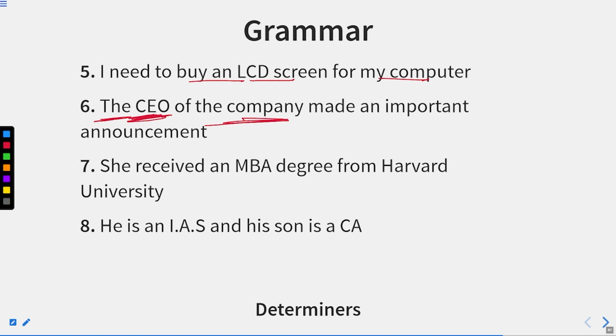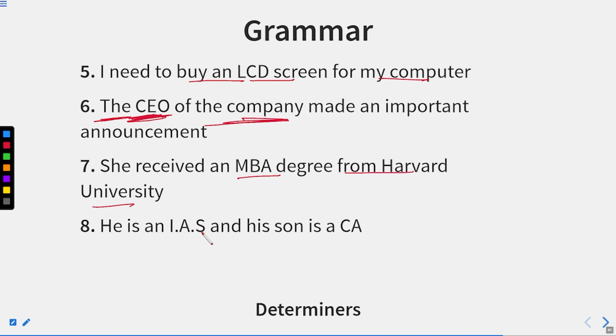She received an MBA degree from Harvard University. Now, if I just elaborate this MBA, like Masters of Business Administration, possibly there can be a condition before which we can use an indefinite article or not. But if there is an abbreviation, we should use an indefinite article necessarily.